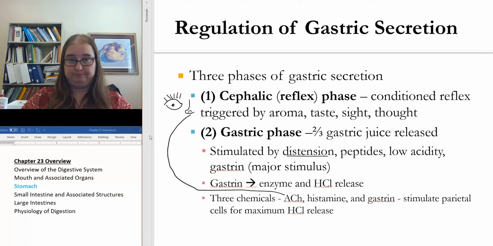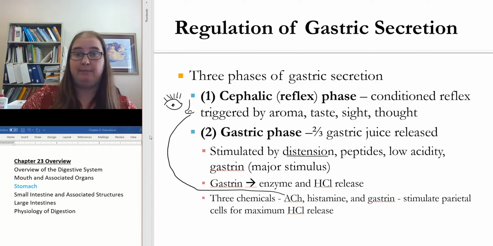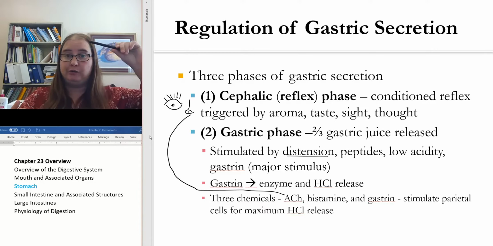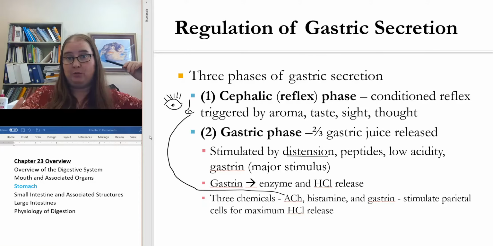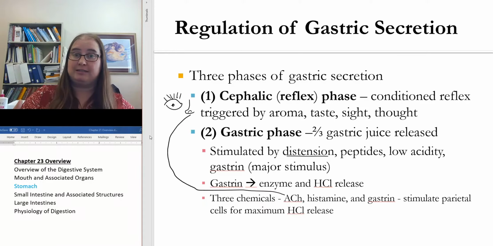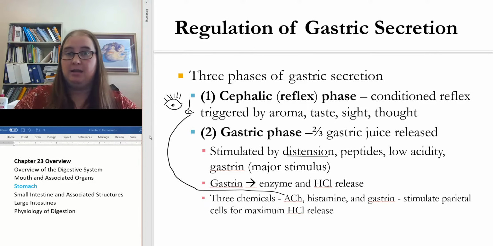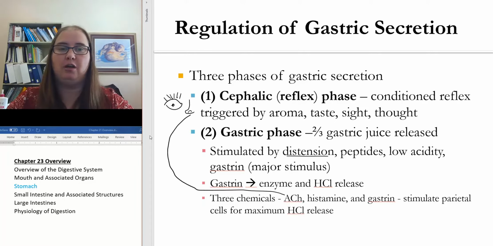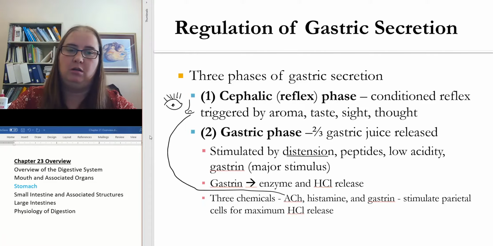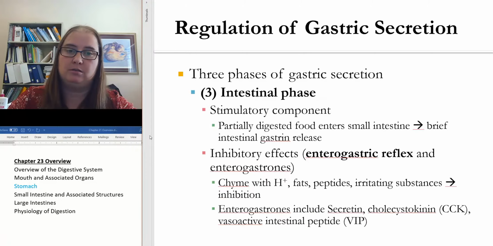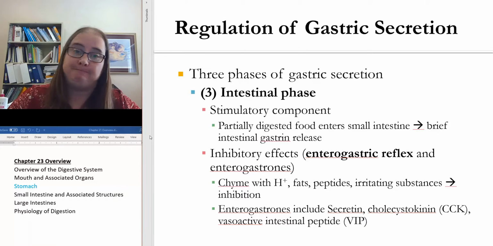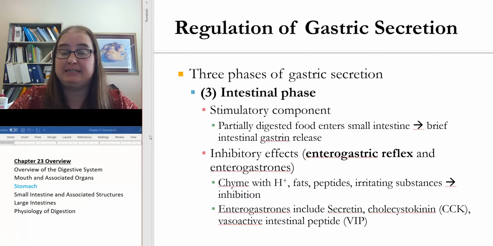So when I see that pie sitting there, my mouth starts watering, that nerve will go down, trigger the vagus nerve, target the stomach and initiate the secretion of HCl from our parietal cells.